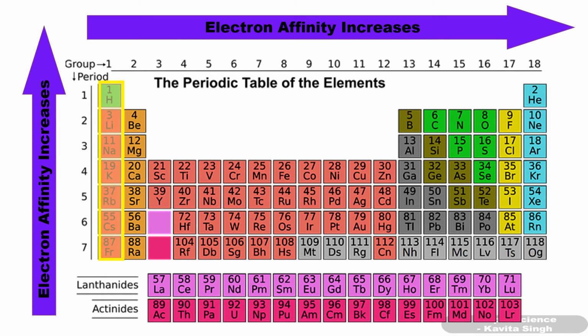They love to give electrons, not to take electrons, because they have only one. They cannot take 7 more. So they tend to give electrons. And group 17 elements require 1 electron, so they tend to take electrons. So electron affinity will be more for 17th group elements.